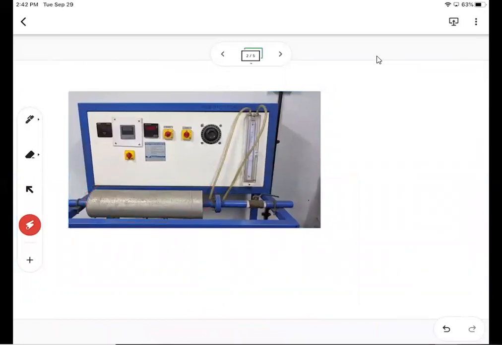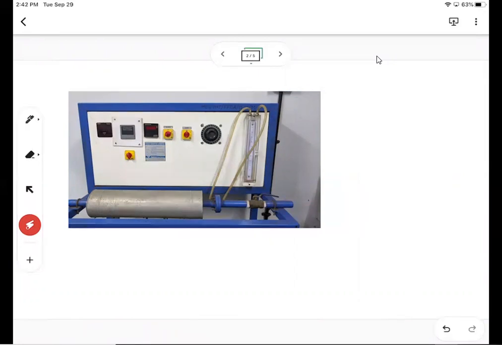As I mentioned, in this test section there is a heating coil, and above that there is insulation. Air will flow through this pipe. There's an inlet on this side and it will go out through this side.